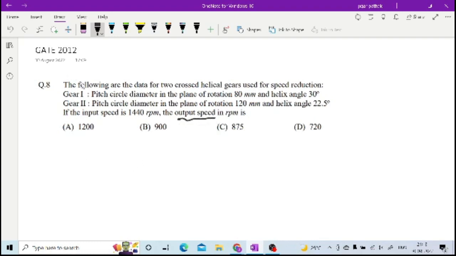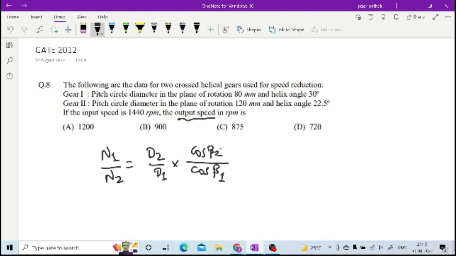So for that, in the case of helical gears, n1 by n2 is equal to d2 by d1 into cos beta 2 by cos beta 1, right?